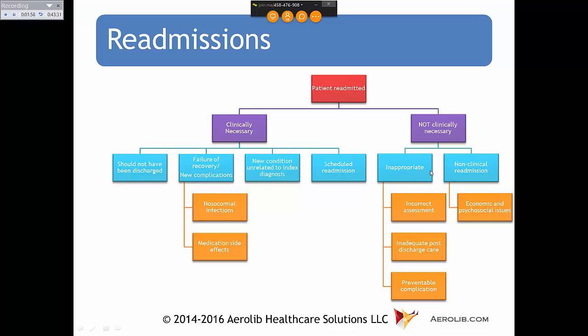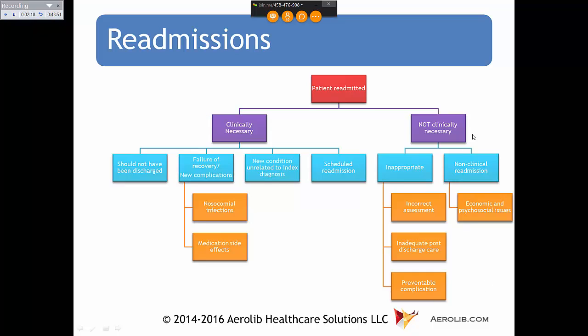In the inappropriate section, this is where the incorrect assessment is. Patient had heart failure, you couldn't do an echo, you treated for simple pneumonia, sent them out, or treated for COPD. Turned out this was a diastolic heart failure that didn't get the diuretics, the ACE inhibitors, the beta blockers, and then these are preventable complications.